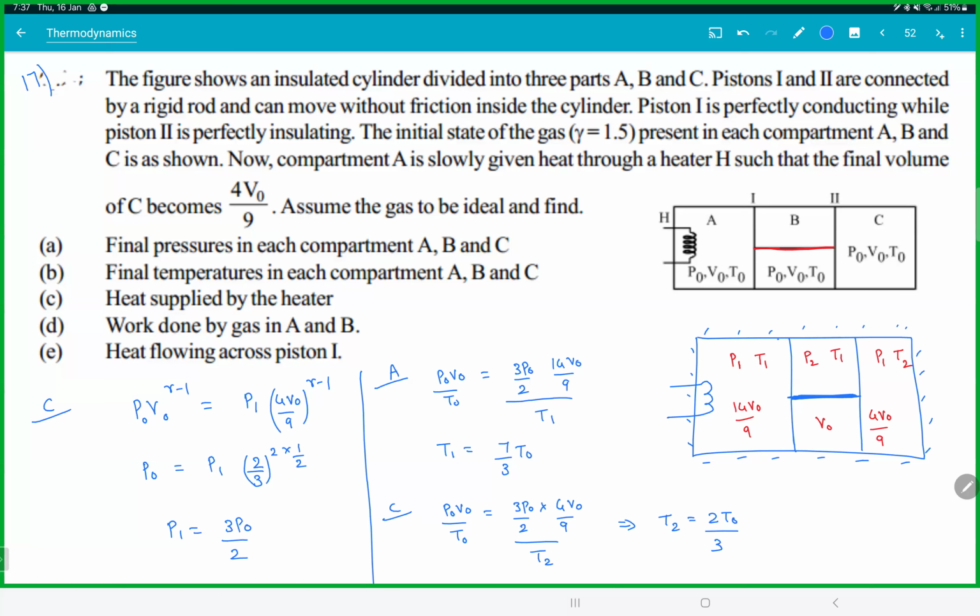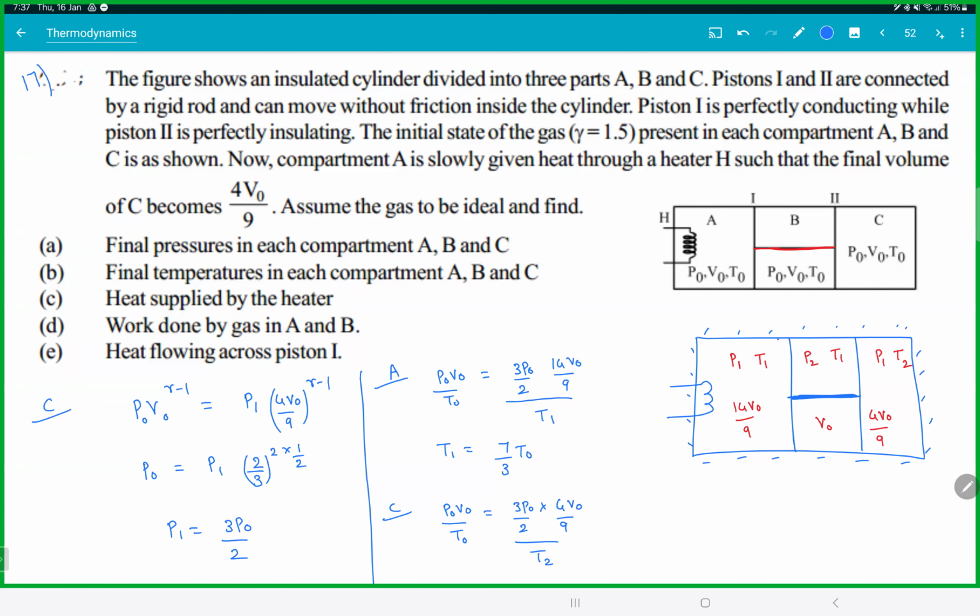And C used TV power gamma minus 1. Because even I thought temperature will be more, because you're compressing, temperature should increase unless I goofed up the calculation somewhere. Is P1 right? Threes are, twos are.